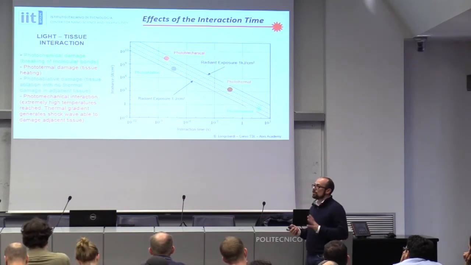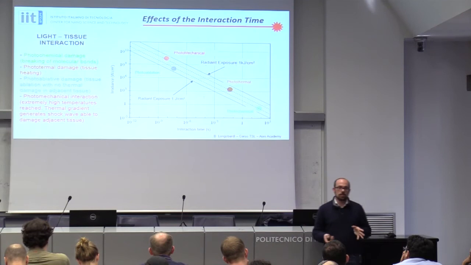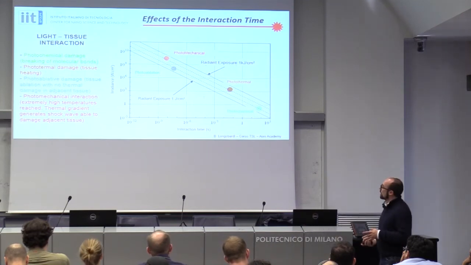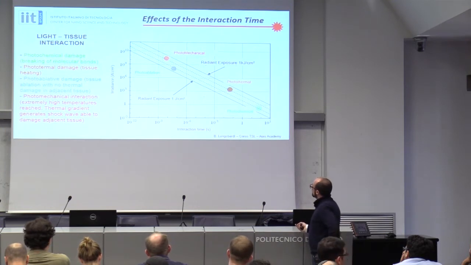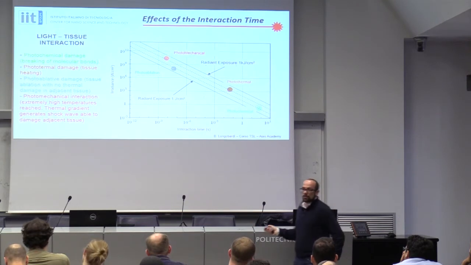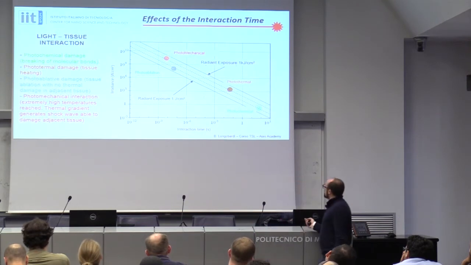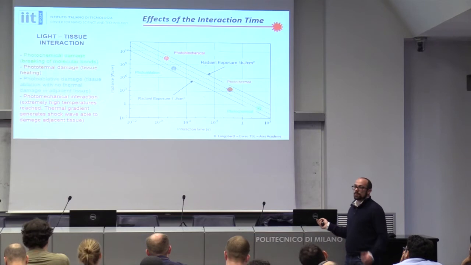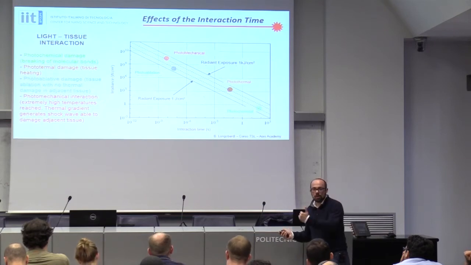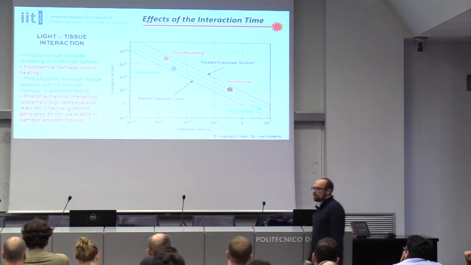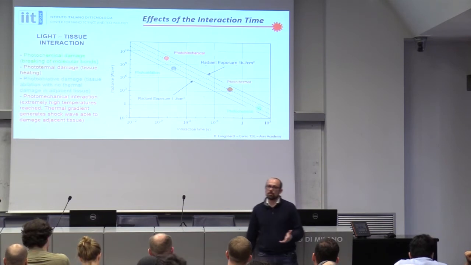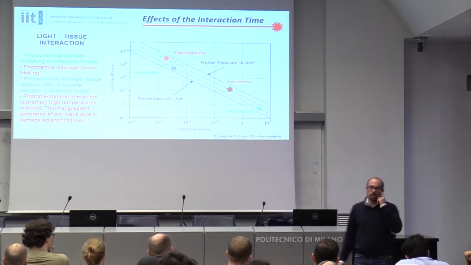So this is not only a matter of danger, this is something that is used in medicine. So if you see in this graph, you have the interaction time on the X and the irradiance on the Y. If you increase the interaction time, so you make laser interact more with the biological tissue, you can generate photochemical damage, and it's something which is exploited, for example, in some kind of cataract surgery.